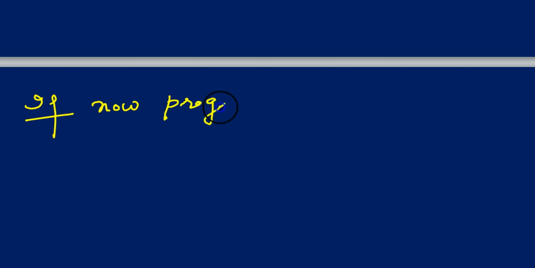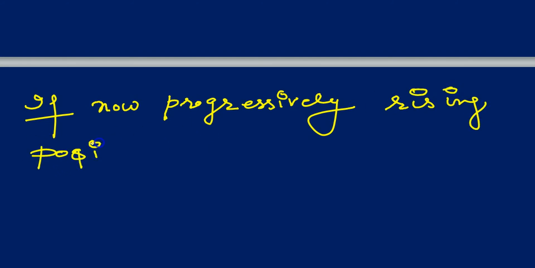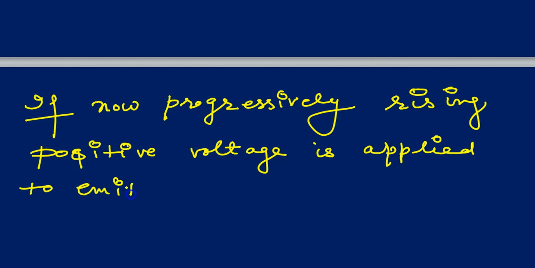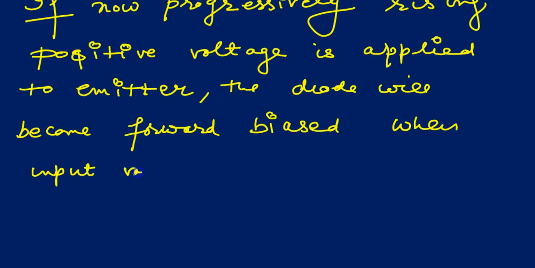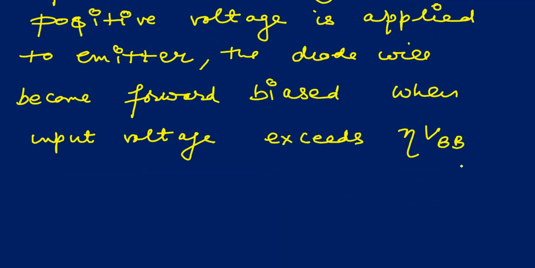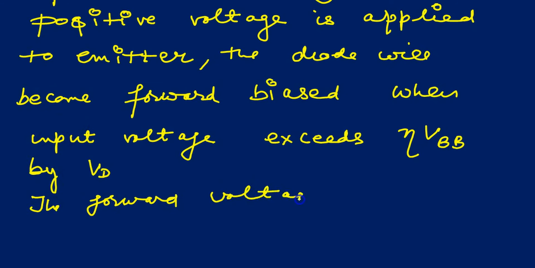If now a progressively rising positive voltage is given to the emitter, which makes it forward biased, when the input voltage exceeds eta VBB by VD, where VD is the voltage across the diode, that is the forward voltage drop across the diode.